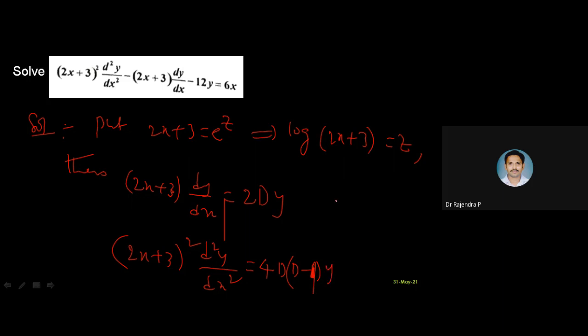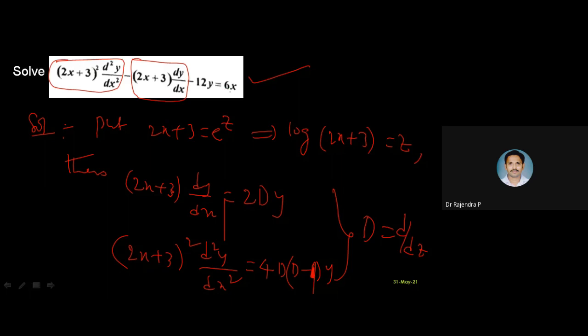So what I'm doing here is converting the entire given problem in terms of z. Here d stands for d by dz. We already observed how you got this result. So now in place of this, I can substitute 2dy. In place of this, I can substitute 4d into d minus 1 into y.